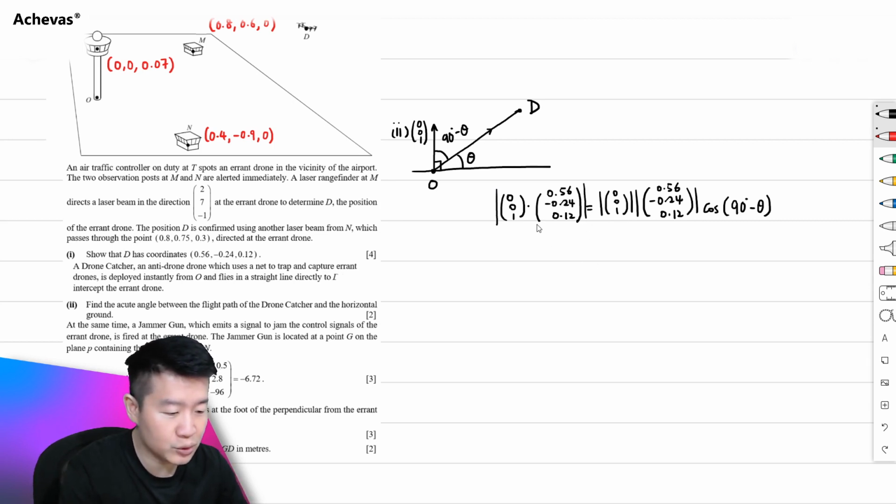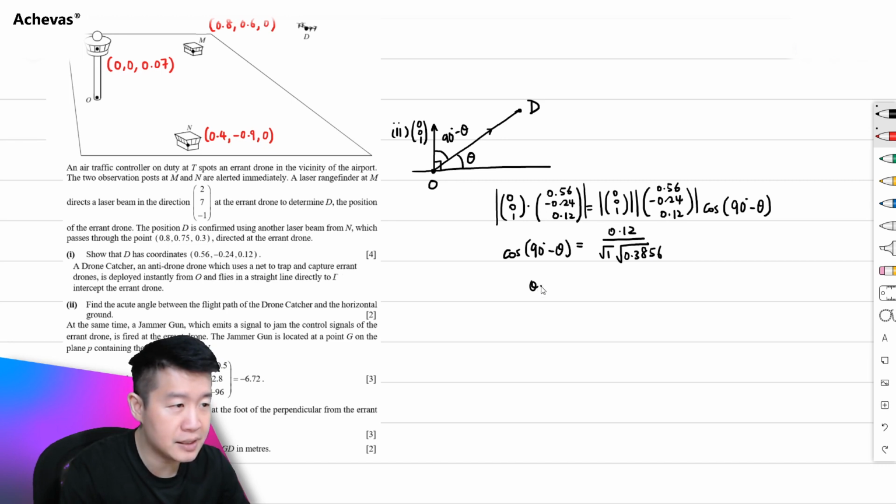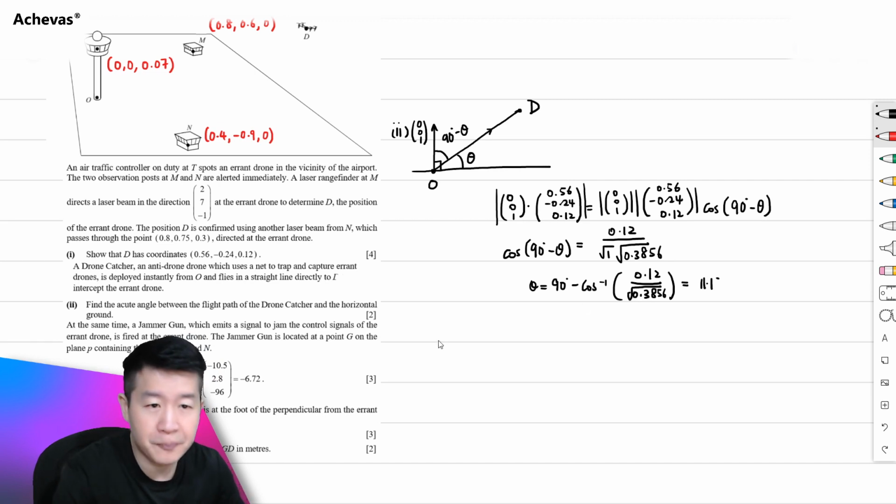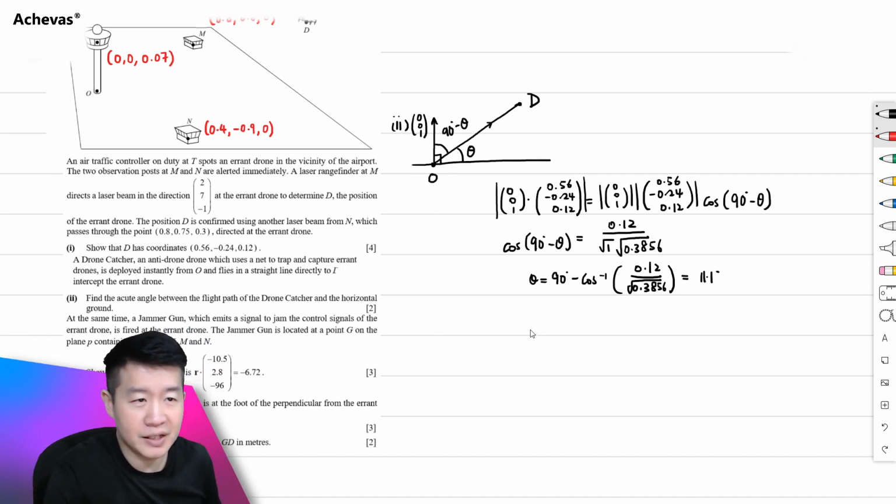If you were to work out the numbers, cosine of 90 degrees minus theta is equal to 0.12 divided by square root of 1, times square root of 0.3856. That means theta is going to be 90 degrees minus cosine inverse of 0.12 over square root of 0.3856. This will help you to find theta, and that is 11.1 degrees. So this is for part 2.